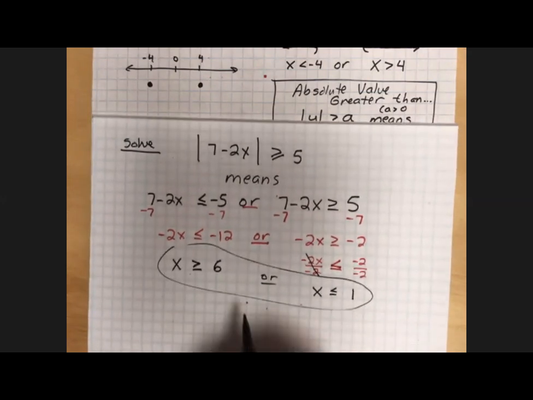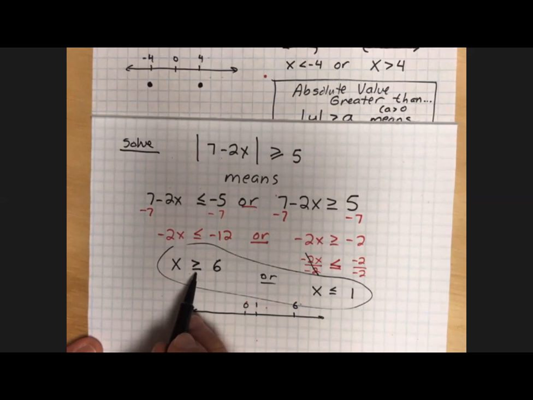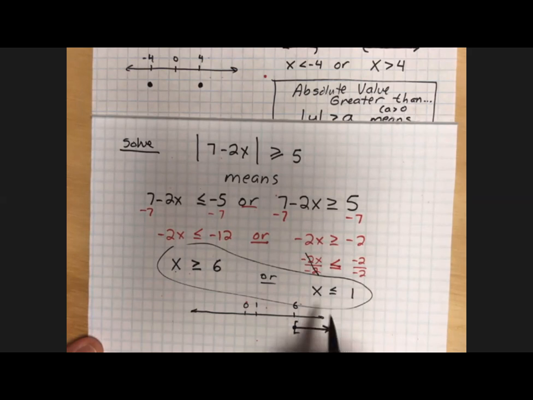Do you want to practice drawing it? Do you want to practice that interval notation from last time? It can't hurt, and that's probably how he's writing the answer in the book, right? Here's a 6. And notice the equal sign that we just dragged through the problem. Now 6 is a winner, solid dot, or hard bracket. Everything bigger than or equal to 6. Over here, 1 is a winner.